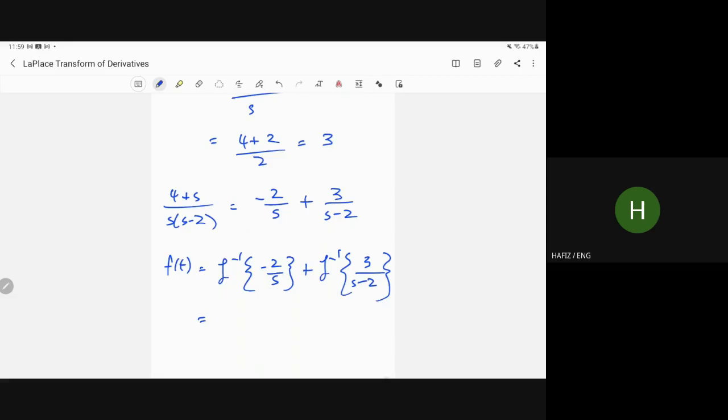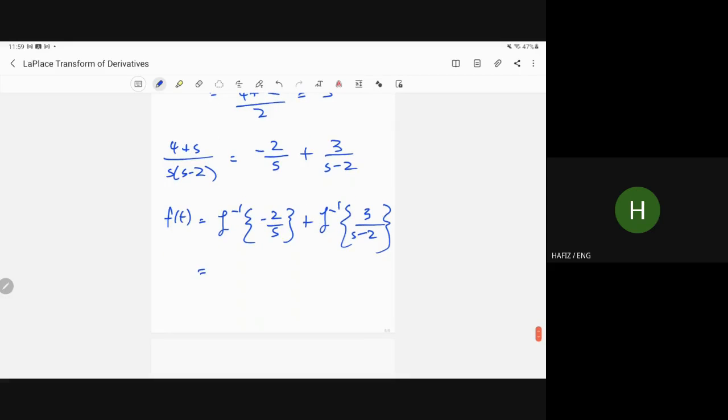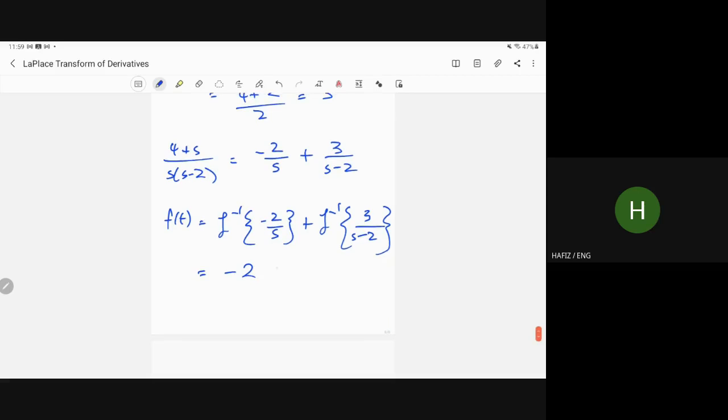So this one is from the table, you can do it directly. You get negative 2 because it's just a constant, and for this one there's a shift, you get 3e^t.